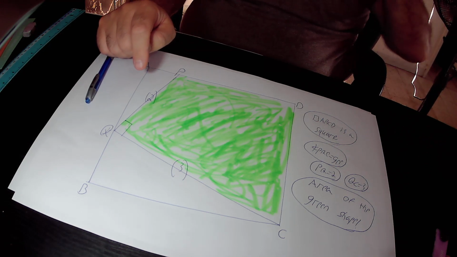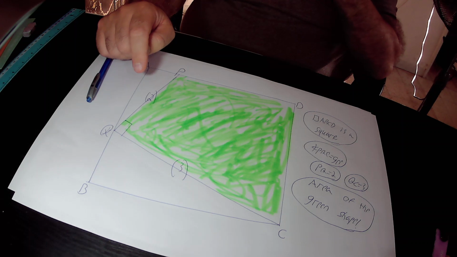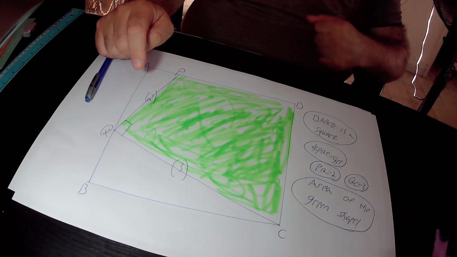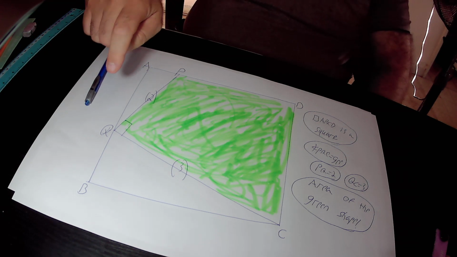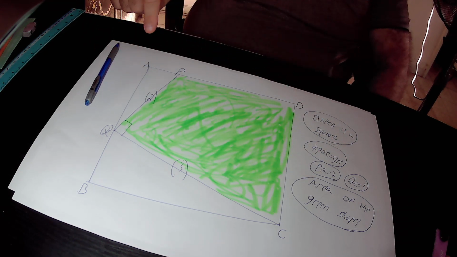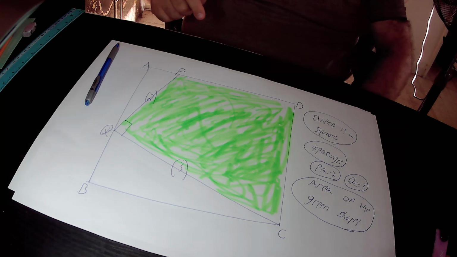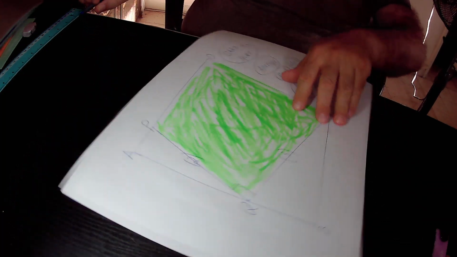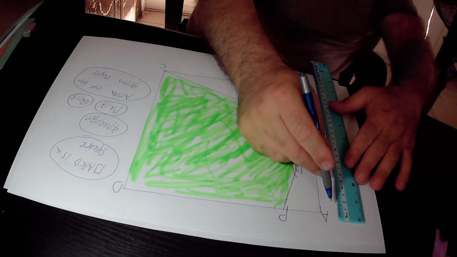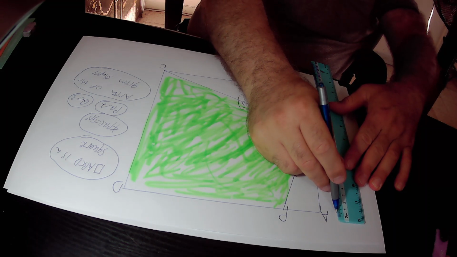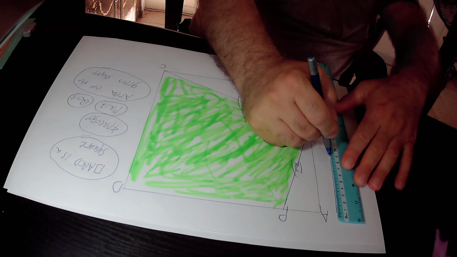So first of all, we define one side of this square ABCD as A. So AB equals BC equals CD equals AD equals A according to our definition. This is side AB, that equals A units in length according to our definition.